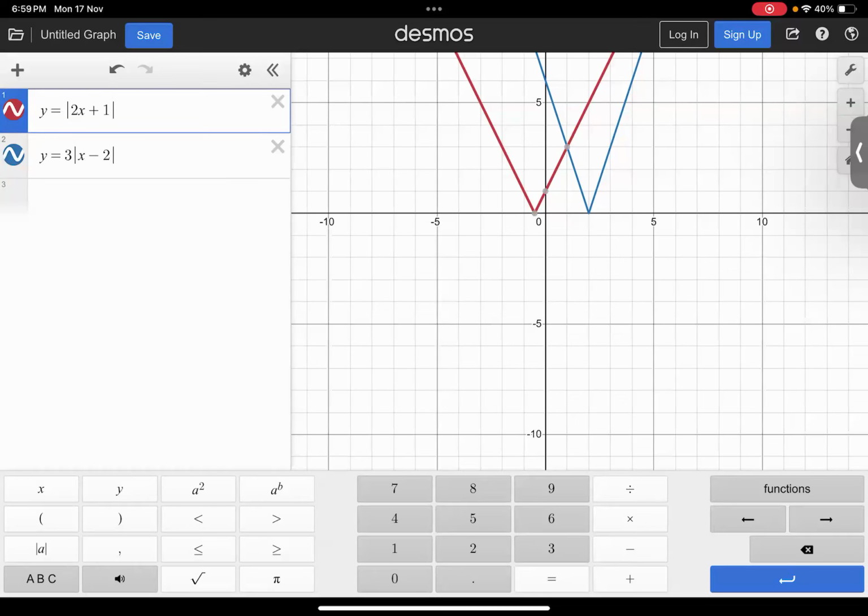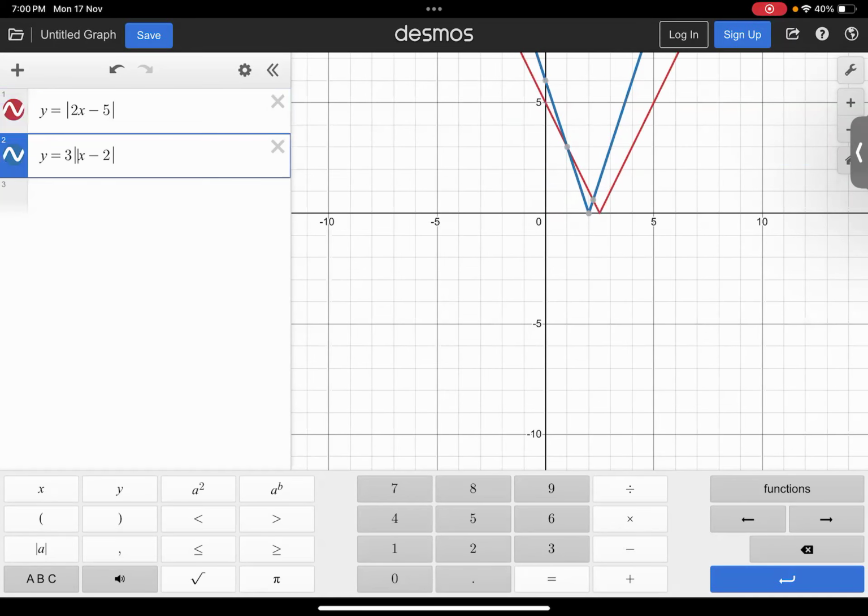Let's just quickly draw it on the graph and you'll see how it works. Okay, so I have 2x minus 5, and I have 3, then 2x, plus 1.